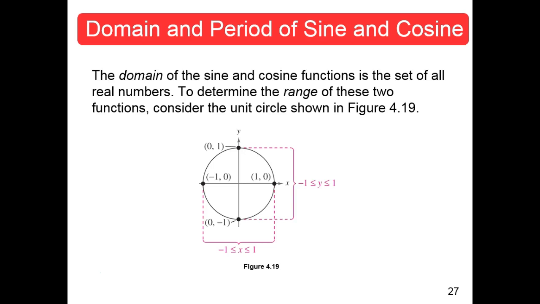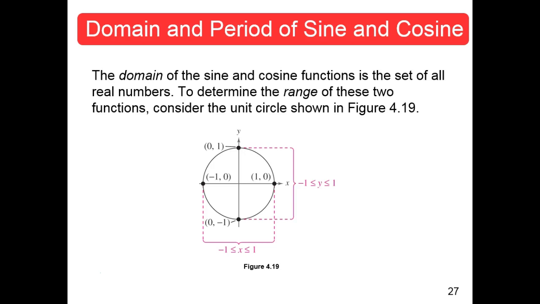Up until now, I bet you, most of you, when you say the domain, you say all of the allowable x values. And when you say range, you say all of the allowable y values. Don't do that anymore. The independent variable here for your trig functions is the thing that follows the sine and the cosine. That's the t values. The t values, those are your independent variable, that's your domain.